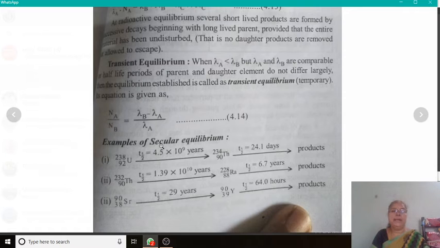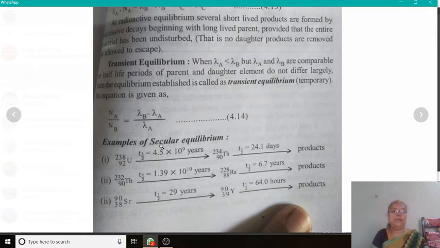Then the second example: thorium with atomic number 90 and mass number 232 gives radium having mass number 228 and atomic number 88, and it gives products. Here the half-life of thorium is 1.39 into 10 raised to 10 years, and the half-life of radium is 6.7 years.